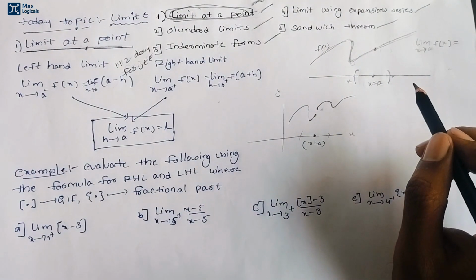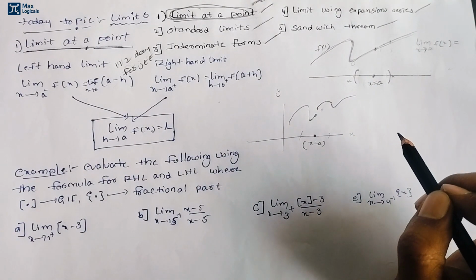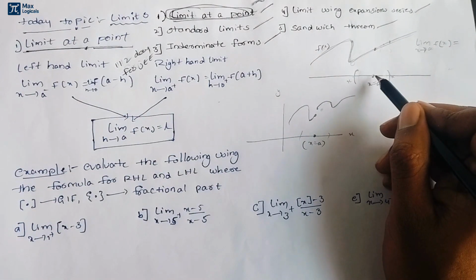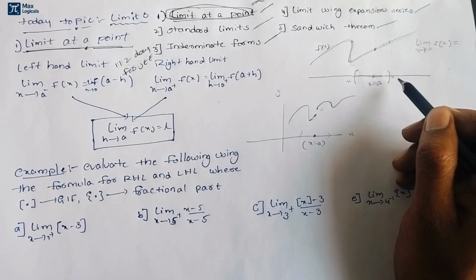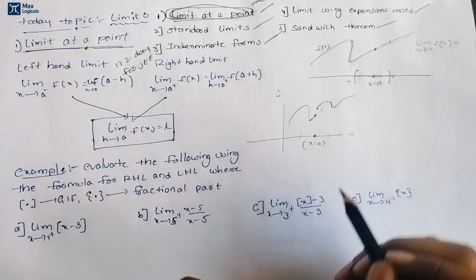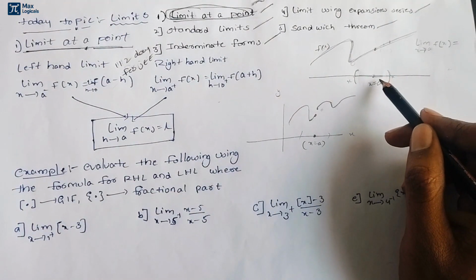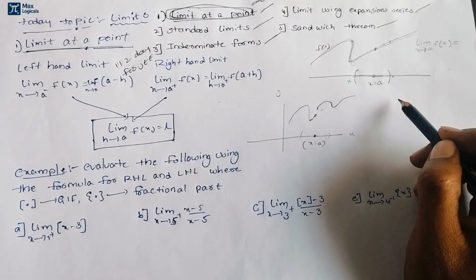We have two ways for x to reach a: x reaches a from the left side, and x reaches a from the right side. These two ways give the left hand limit and right hand limit.